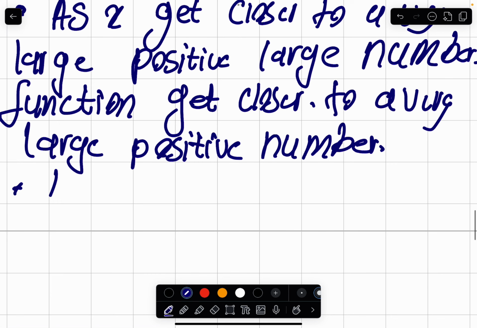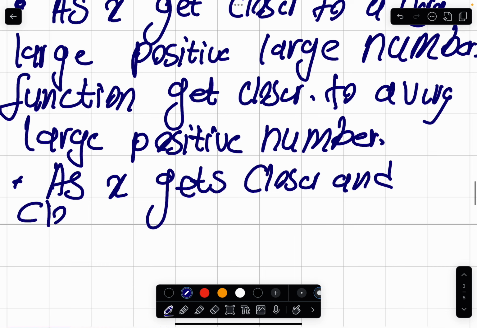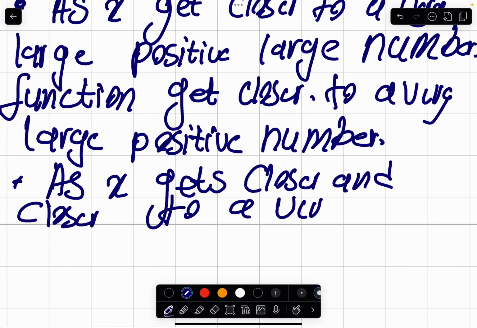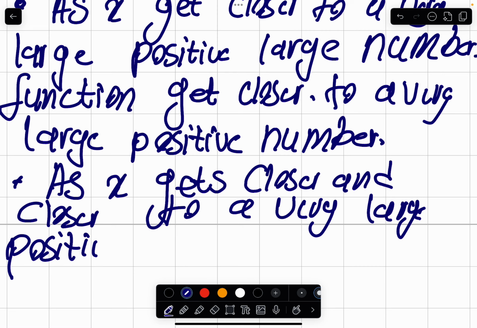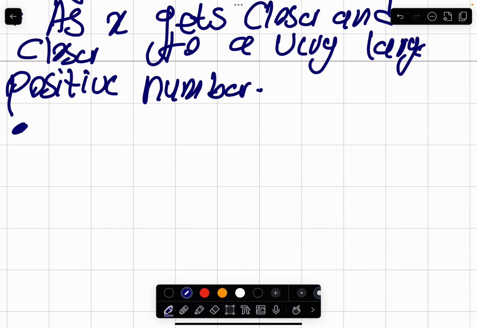Another point you want to say, as x, don't be lazy, gets closer and closer to a very large positive number. Then our last step of closing the conclusion is what?